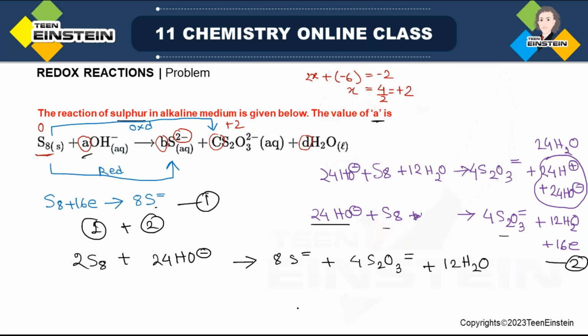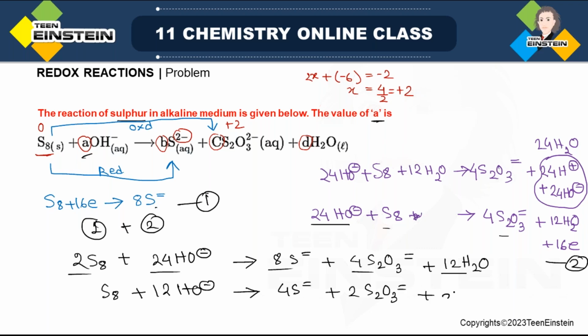So 3 species on the right hand side, 2 species on the left hand side. Now see, you can easily divide both sides by 2. Now it will reduce to S8, 12HO⁻, 4 sulfide, 2 S2O3²⁻, 6 H2.